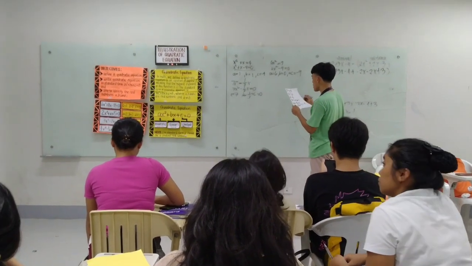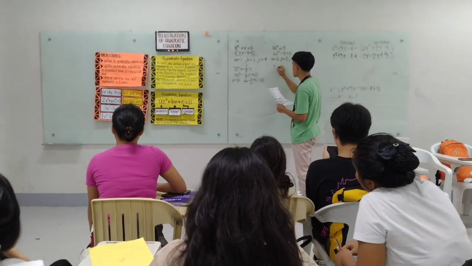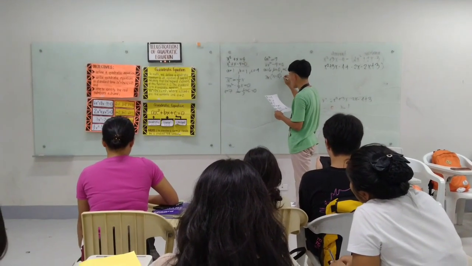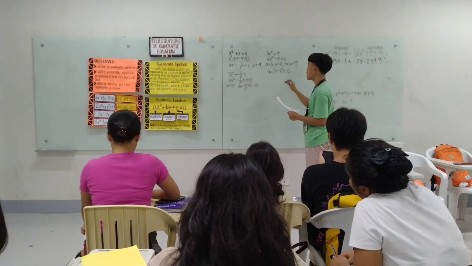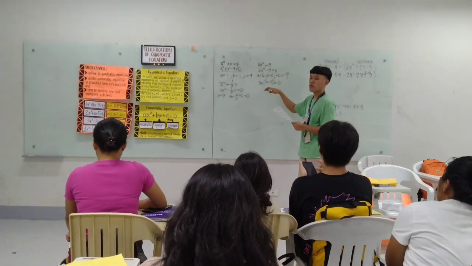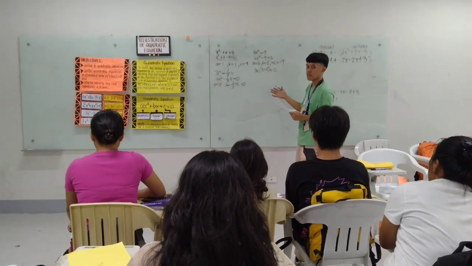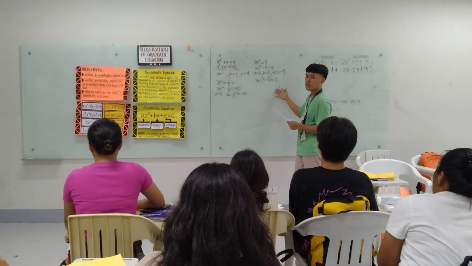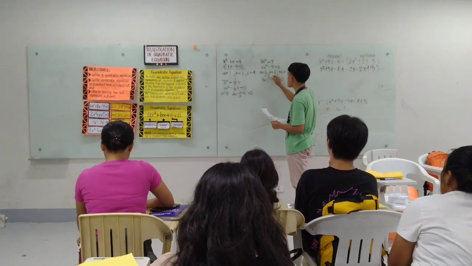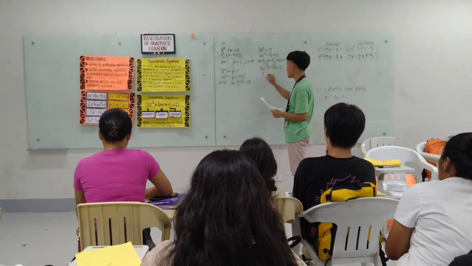So another here is 3x times x minus 2 is equal to 0. So we have now a binomial. What do you think we're going to do in this equation? Very good. We're going to use the distributive property. So 3x times x, 3x squared.